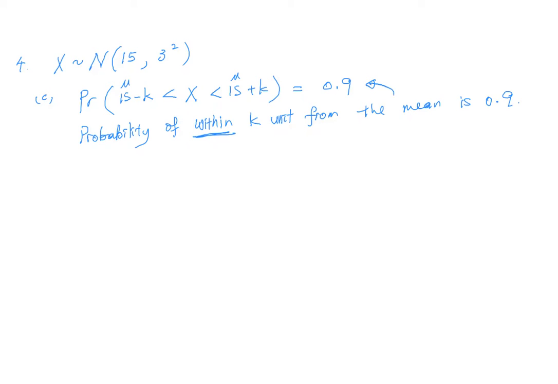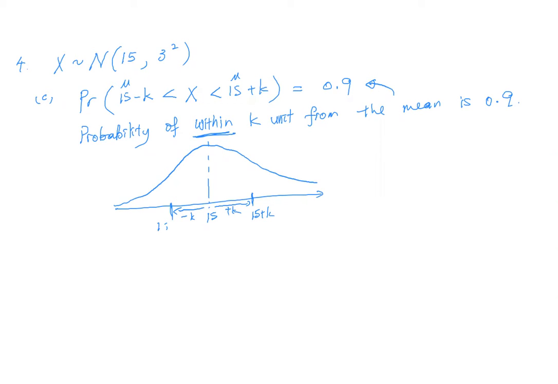So now, if I draw the bell shape for you to see, it will be like that. This is the mean, 15. When I say within, it means plus K, you go to the upper limit, minus K, you go to the lower limit.